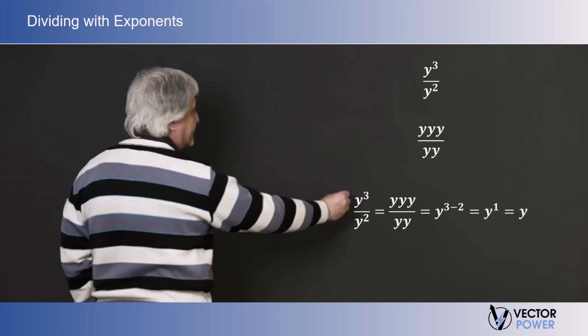Y cubed divided by y squared equals y to the power of 3 minus 2, which would equal y to the power of 1, which simply equals y.